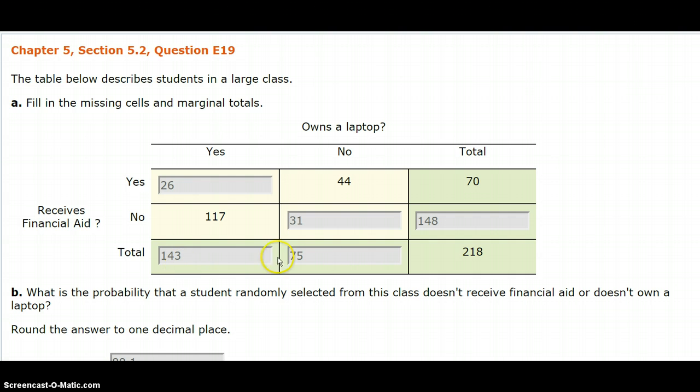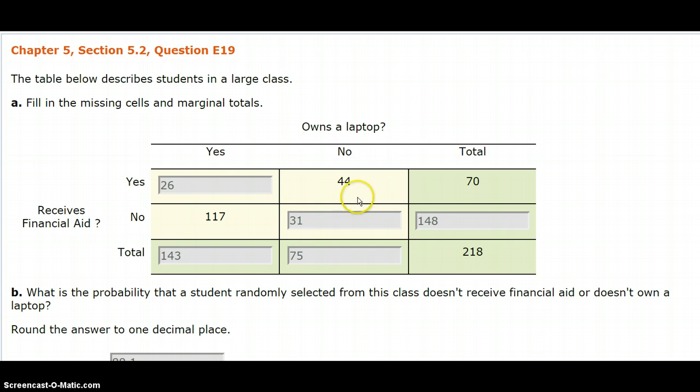Similarly, any in the total row is the total of that column. So 143 is the total of these two, 75 is the total of these two, 218 is the total of these two. So it even works for the total column and the total row. And your total number of people in the study or units in the study will be right here in the bottom right. So how do we figure this out?